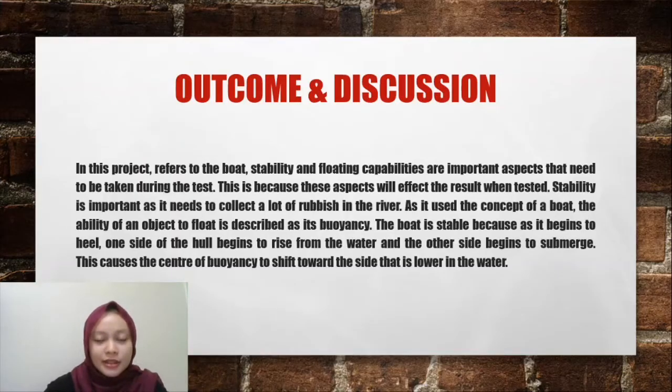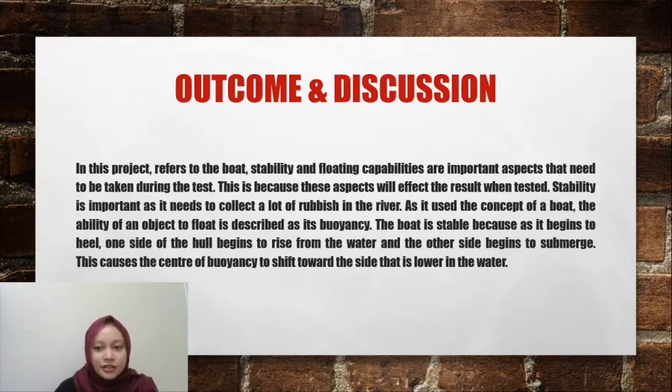So the outcome and discussion. In this project, the boat's stability and floating capabilities are important aspects that need to be taken into account during the test. This is because these aspects will affect the results when tested. Stability is important as it needs to collect a lot of rubbish in the river.